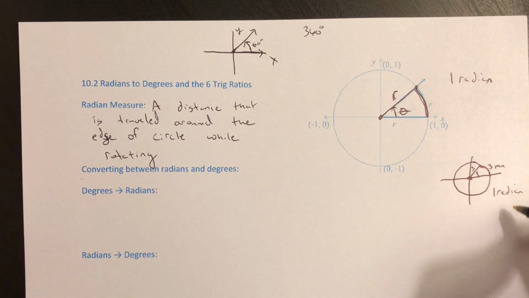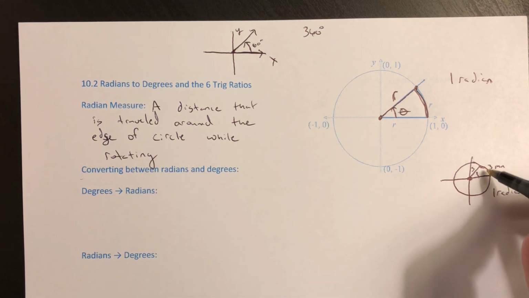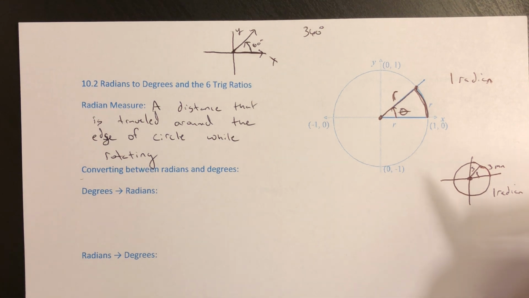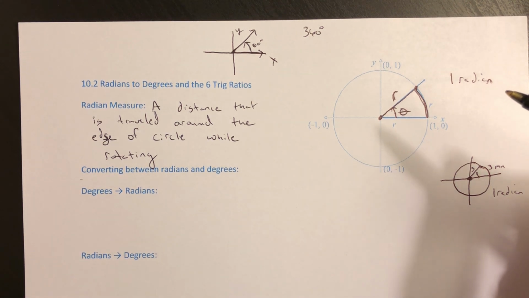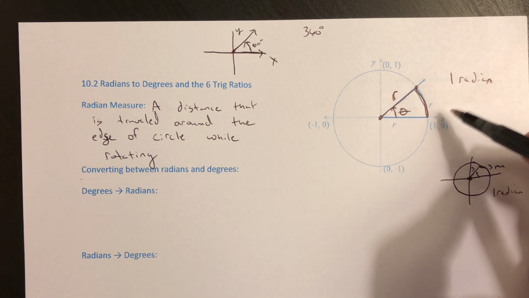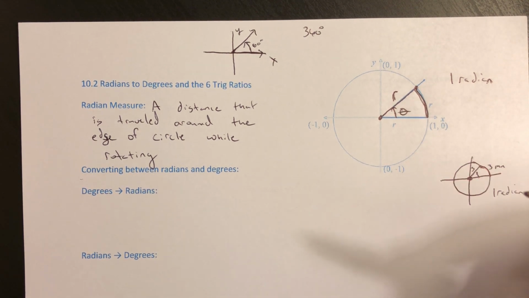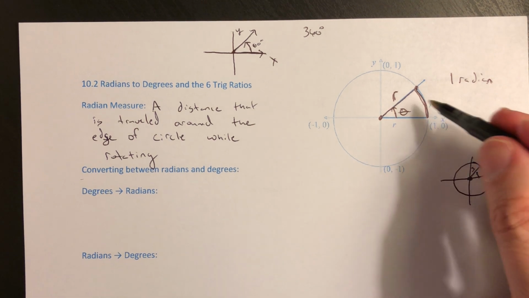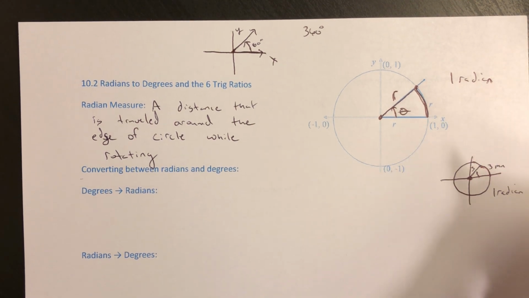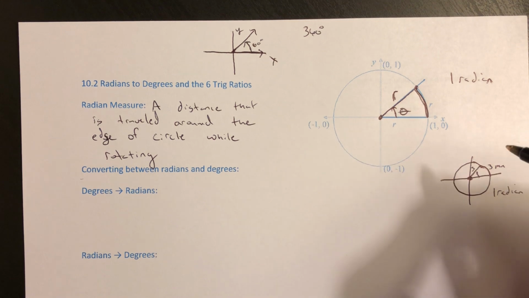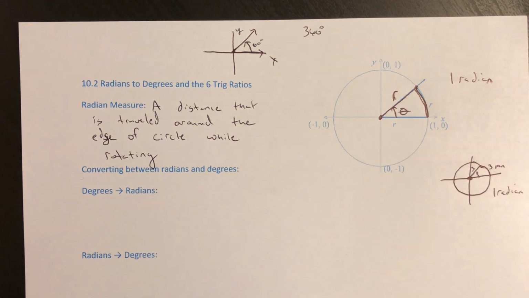So radian is just how many radius distance did I travel around the circle. So it depends on the circle. If a circle has a large radius, traveling 1 radian is a very large distance. If it's a smaller circle with a smaller radius, traveling 1 radian is going to be a smaller distance. So it's all dependent on the circle that you're traveling in.